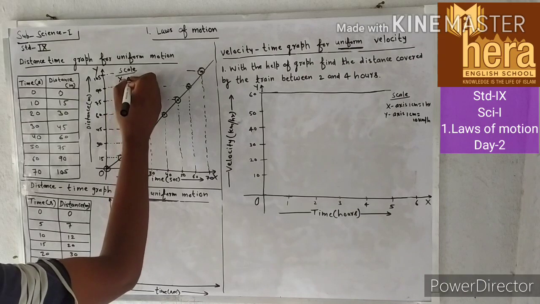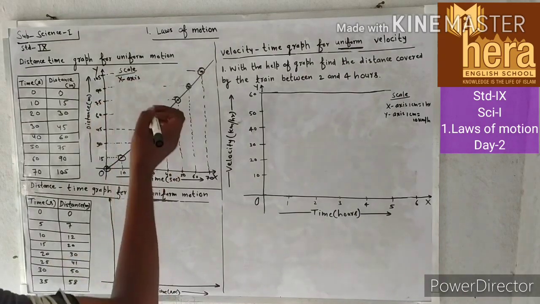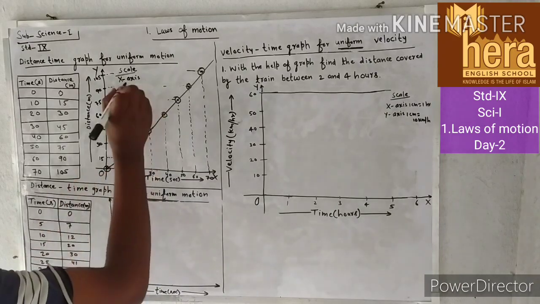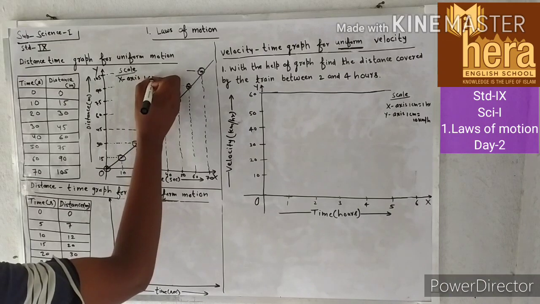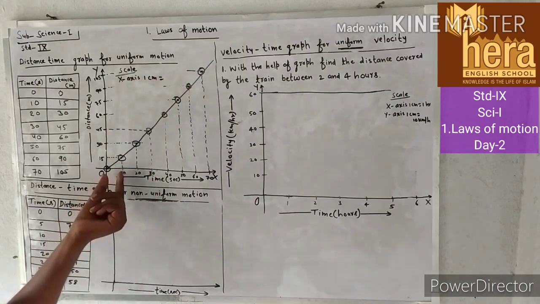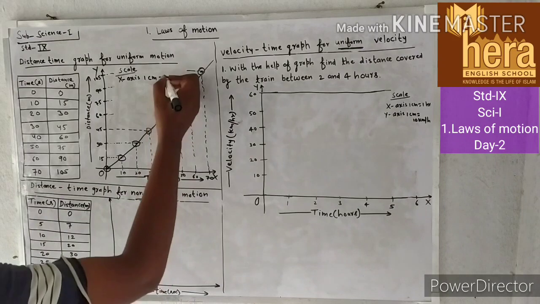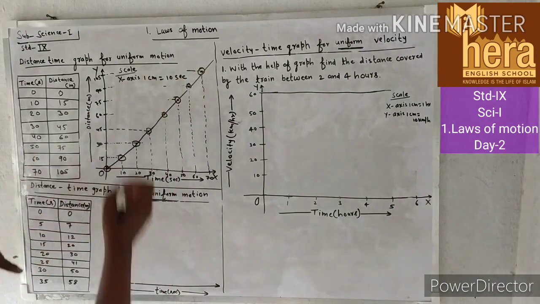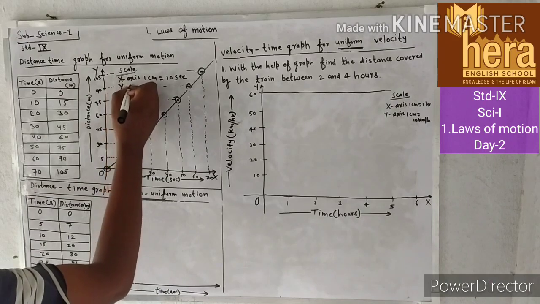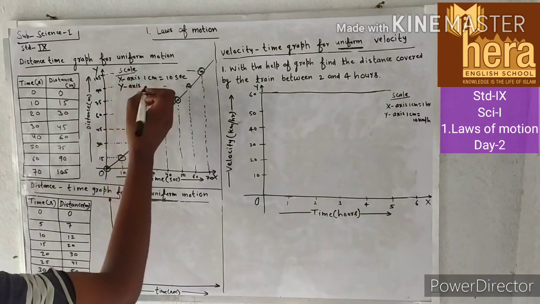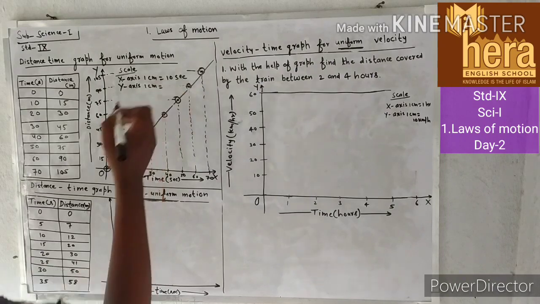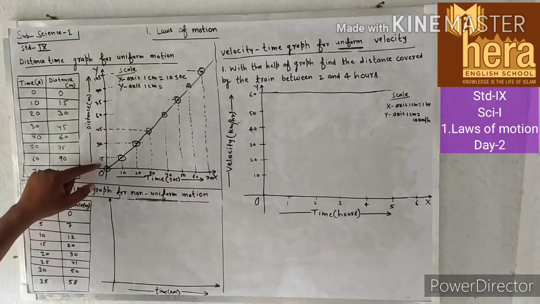X axis, suppose this is 1 centimeter. X axis 1 centimeter is equal to 10 second. Here on y axis 1 centimeter is equal to 15.